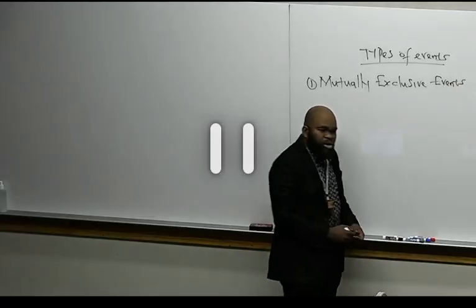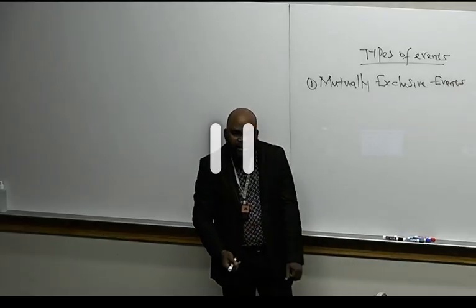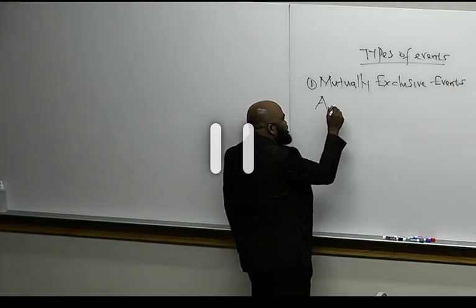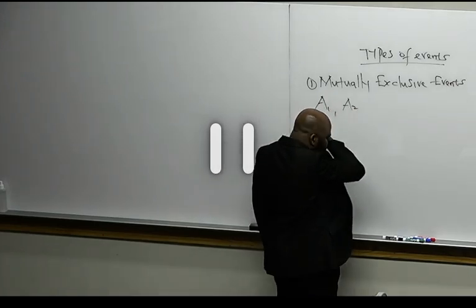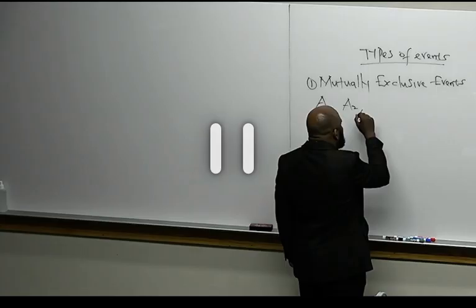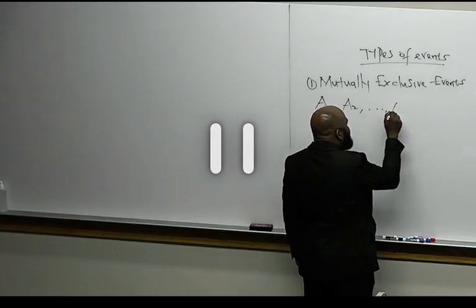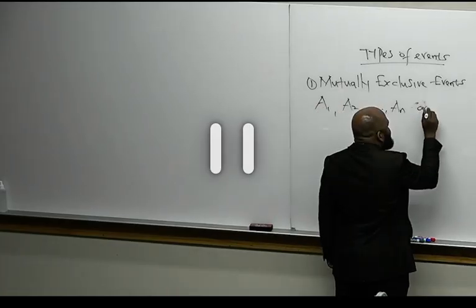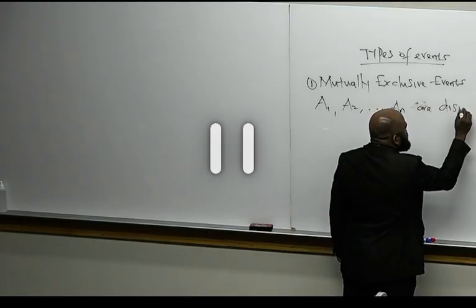When I talk about mutually exclusive events, I'm talking about having events A1, A2, up to maybe AN, that are disjoint.